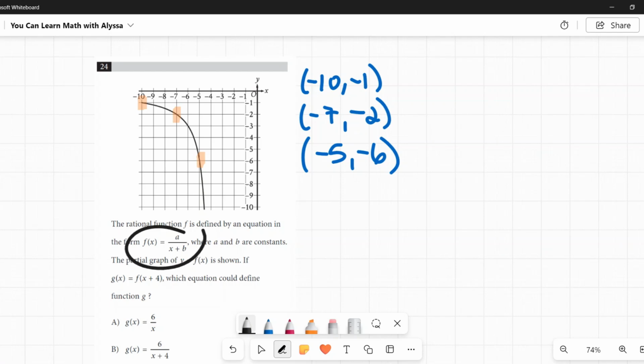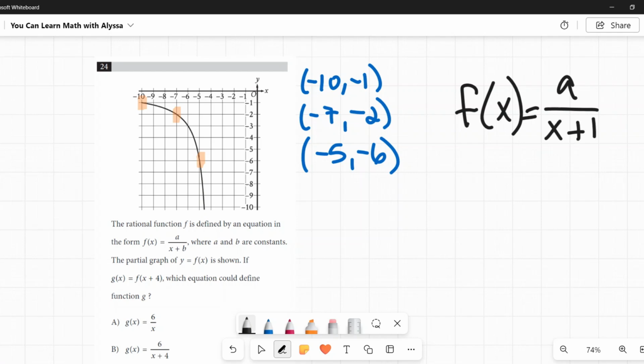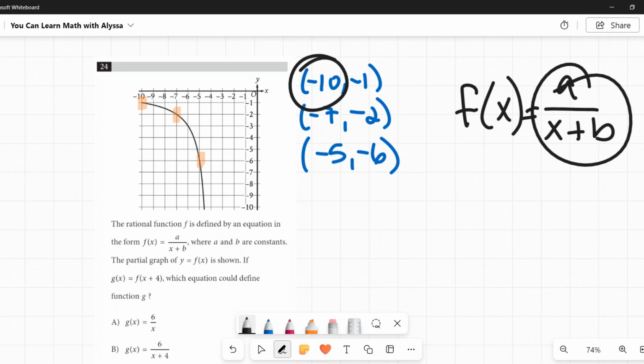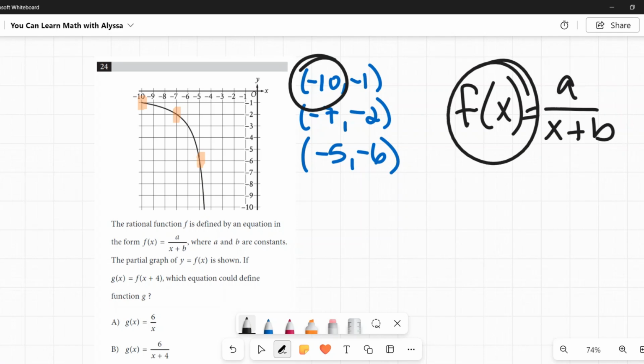Well, here's what we're starting with. F of x equals a over x plus b. F of x is the output that happens when we plug a number in for x. If we're graphing, f of x is the y. So it's saying here, if I put -10 and I do this math, I'm going to get -1 as my output.